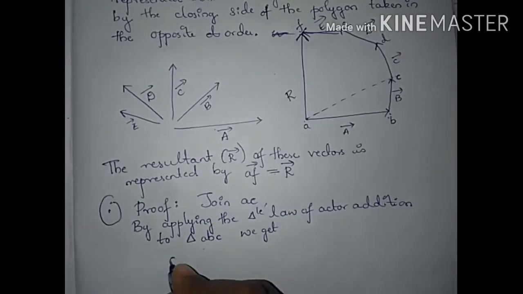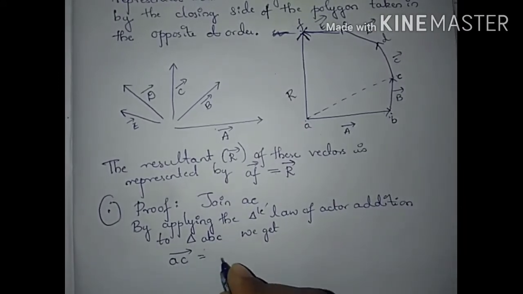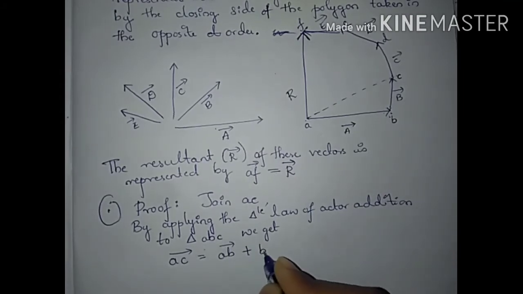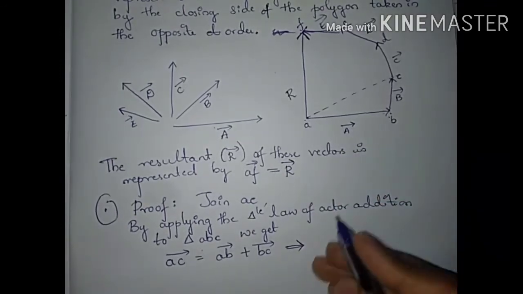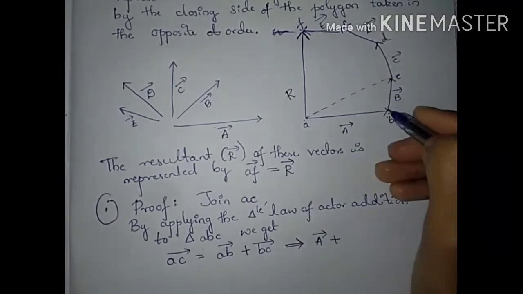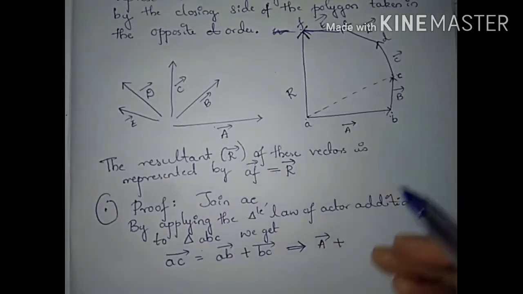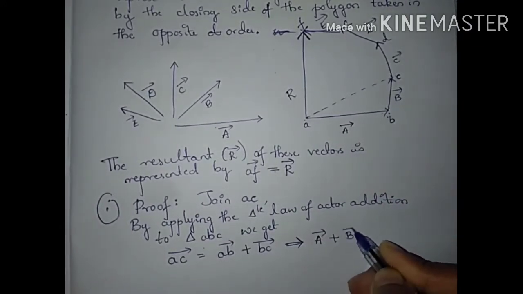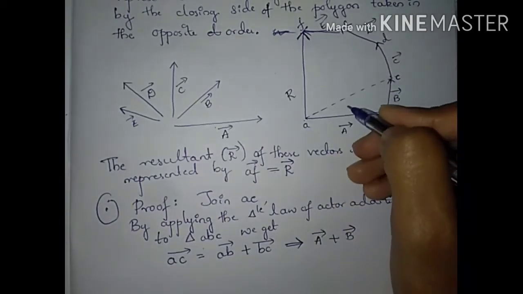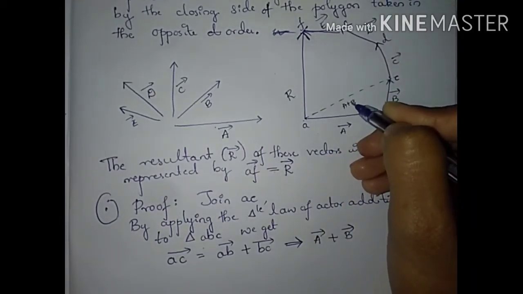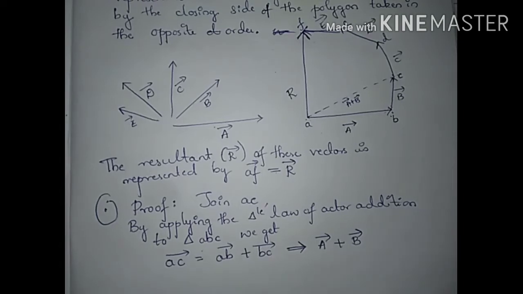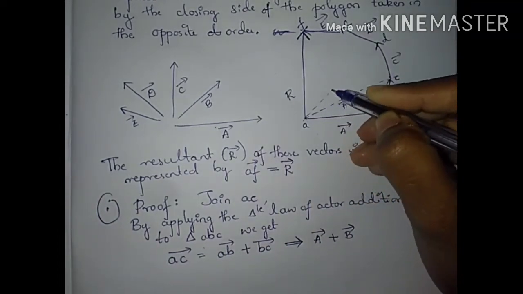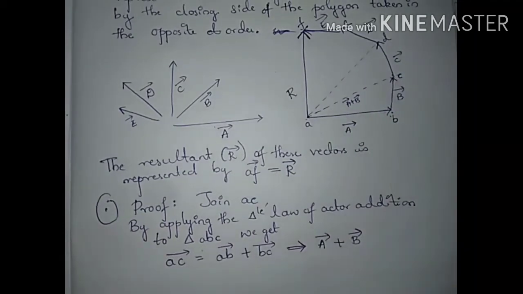AC is equal to AB plus BC. In vector form, AB is vector A and BC is vector B. So AC here is A plus B. So the line AC has the value A plus B. Now join the line AD.